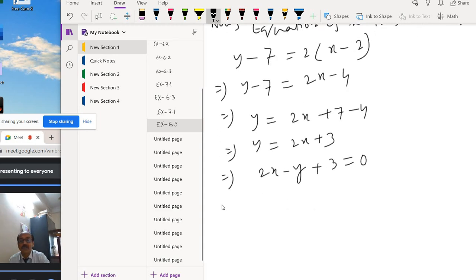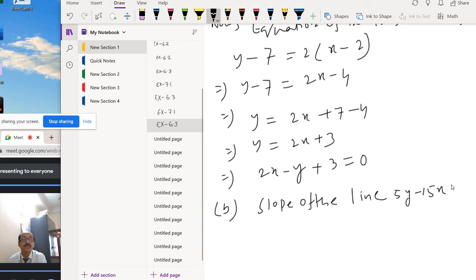Okay. Now the second question was perpendicular to the line. So the slope of the line 5y minus 15x equal to 13.